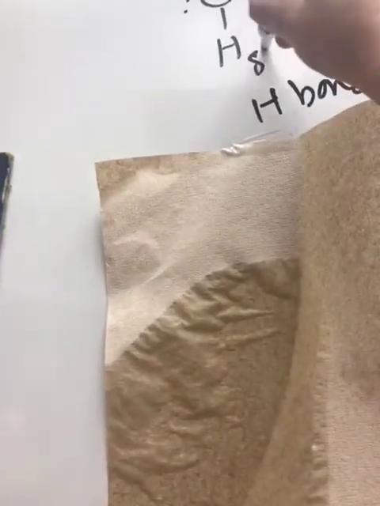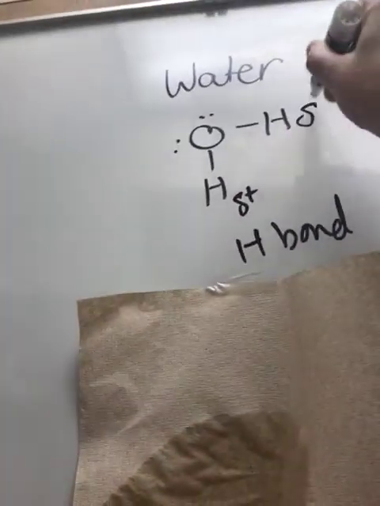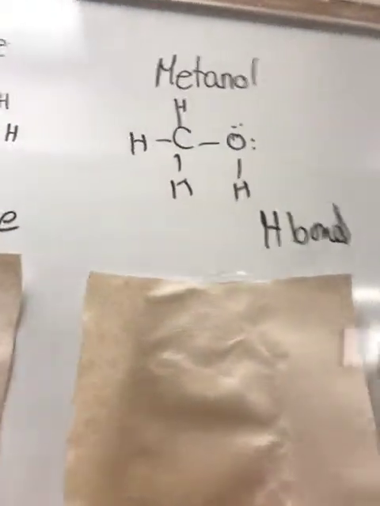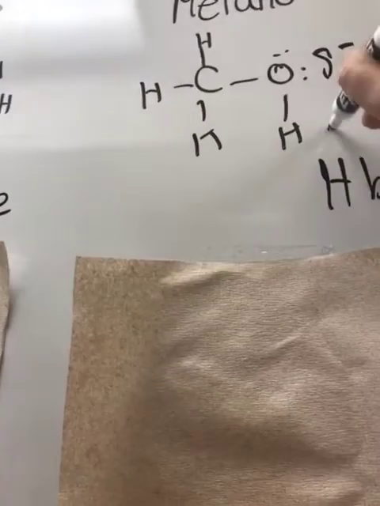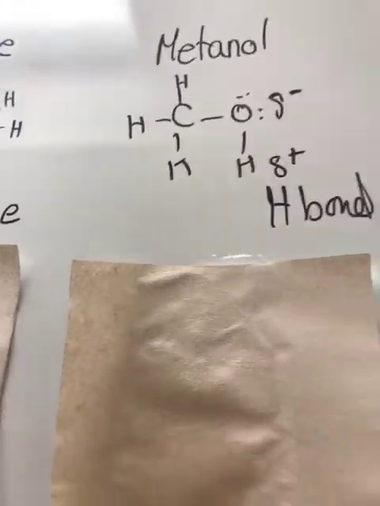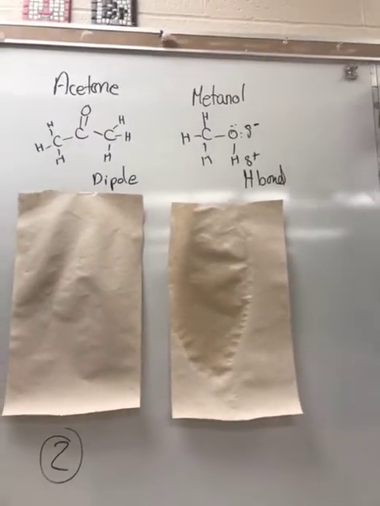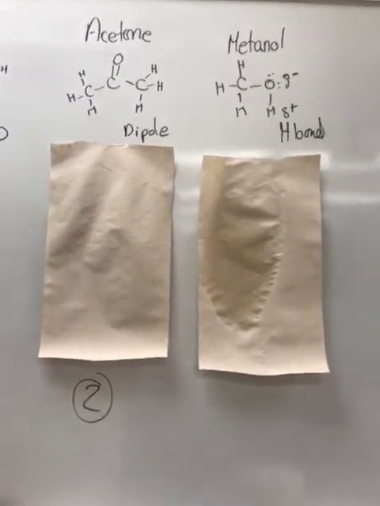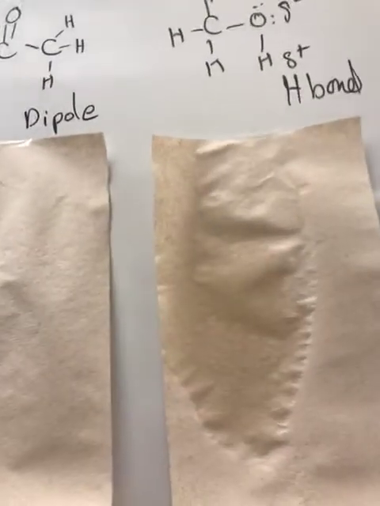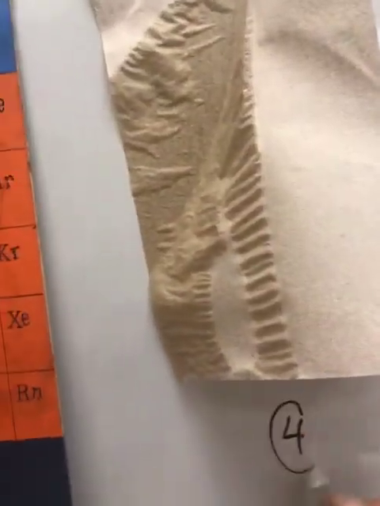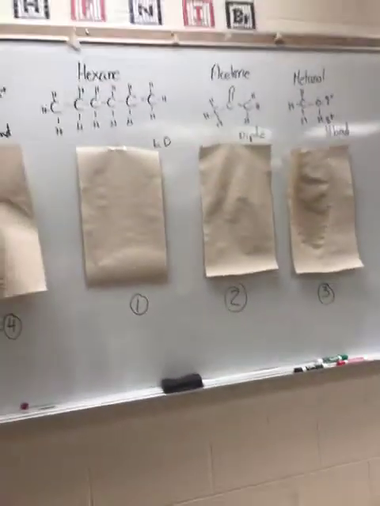Remember, everywhere in water you have a partial positive or negative to attract other water particles, whereas in methanol you have a partial positive and negative where the oxygen and the hydrogen are there, but not where your carbons and other hydrogens are. And so you would predict that this would be number 3, and the water would be number 4. Let's look back at them and see.